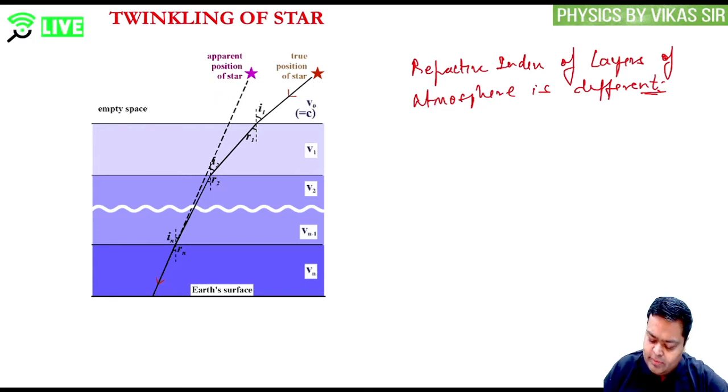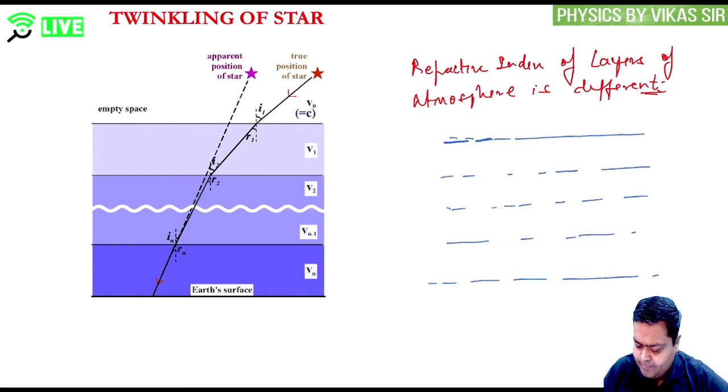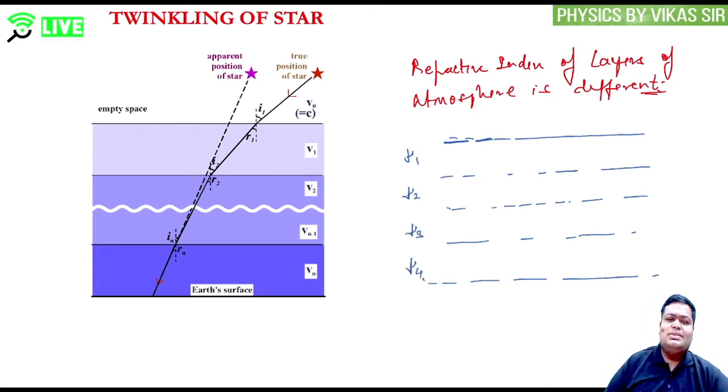Now as we assume that we are moving from the upper layers towards the earth surface layers, let's visualize the optical densities of the medium. As I said, the upper layers are going to be thinner, so if I write these as mu1, mu2, mu3 and mu4, then mu1 is lesser than mu2, is lesser than mu3, is lesser than mu4.